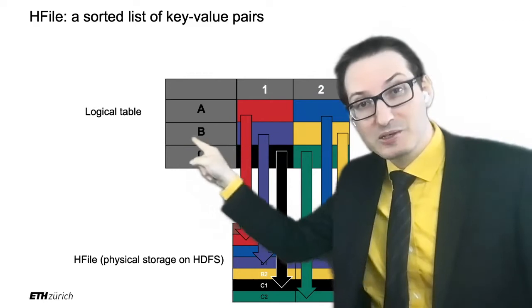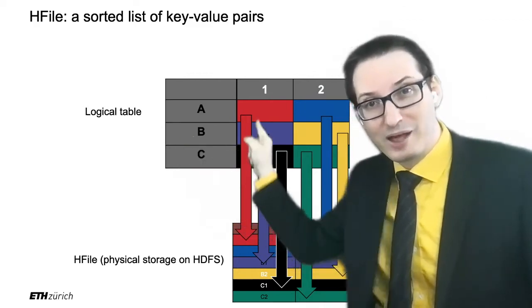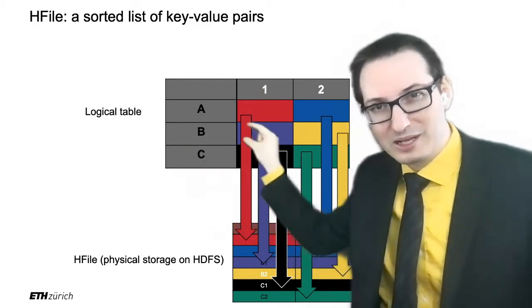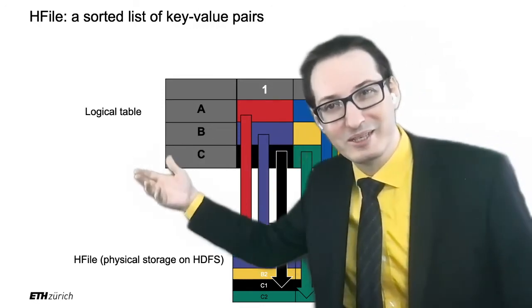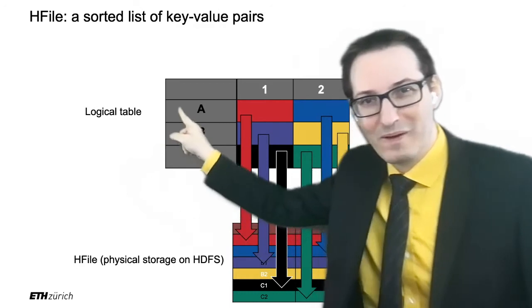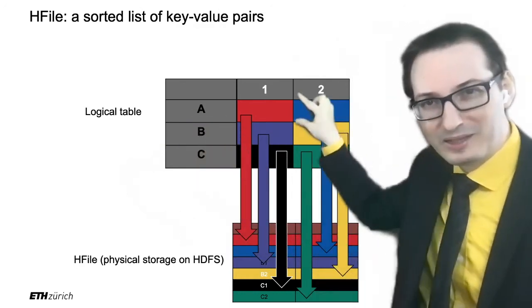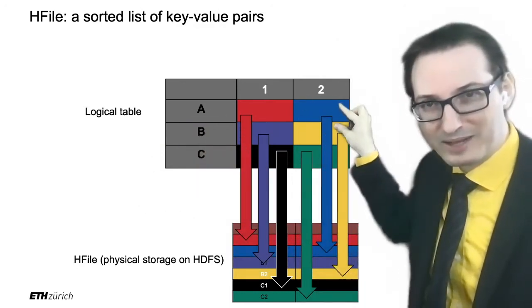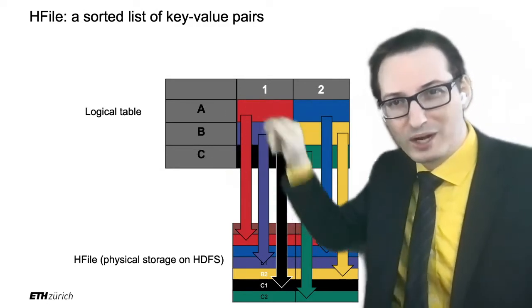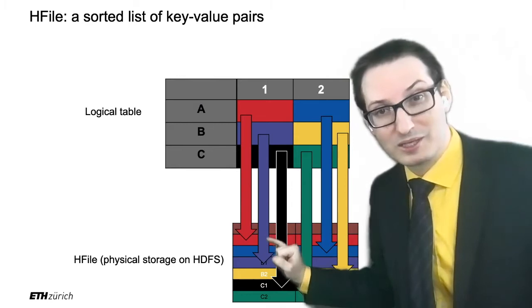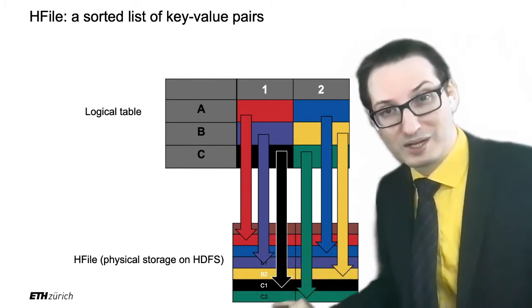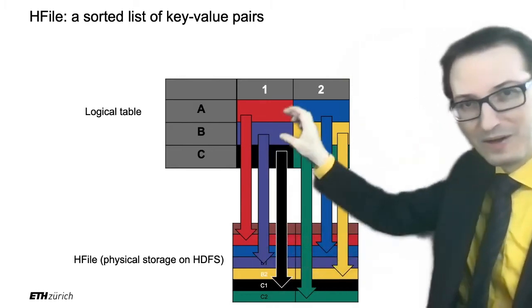Well, the key is the row ID right there, together with the column name, jointly identifying the purple cell. If I say A2, it's just like in this battleship game. So A2 identifies the blue cell right there. A2 is a key, B1 is a key, and so on. So I put here alphabetically sorted the keys A1, A2, B1, B2, C1, C2, and then I linked all the cells.